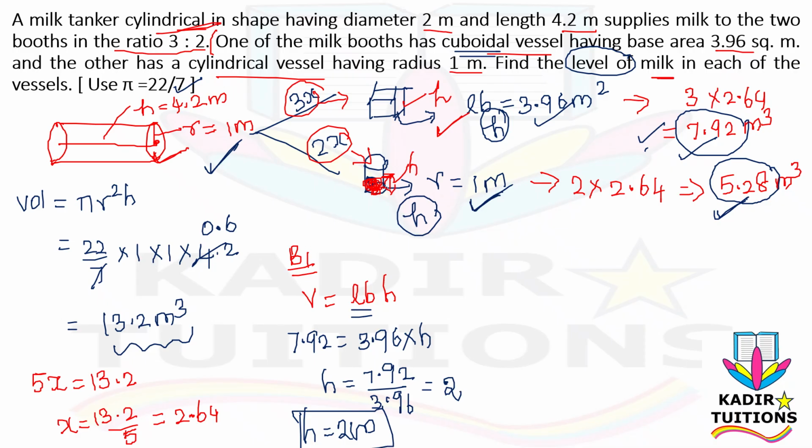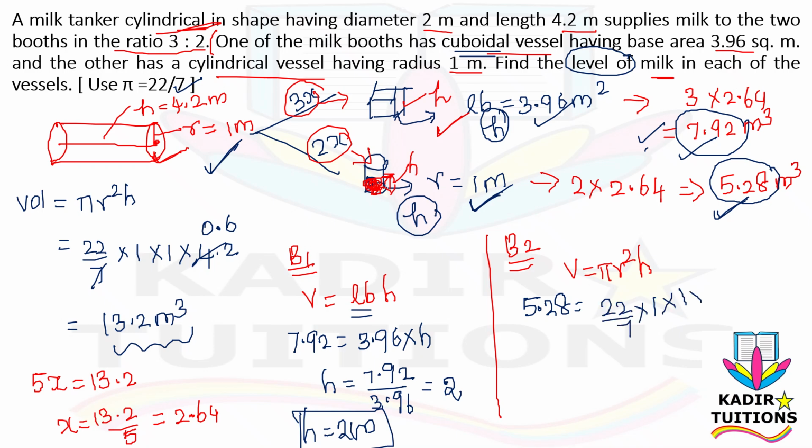Now we still need to find the level of booth 2. The shape of booth 2 is a cylinder, and the volume of a cylinder is pi r square h. We know the volume of milk in booth 2, which is 5.28, so 5.28 equals 22 by 7 into 1 into 1 into height.